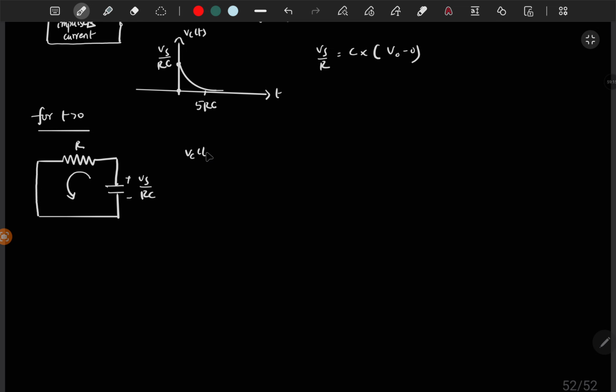So Vc of t is Vs by RC e power minus t by tau u of t.